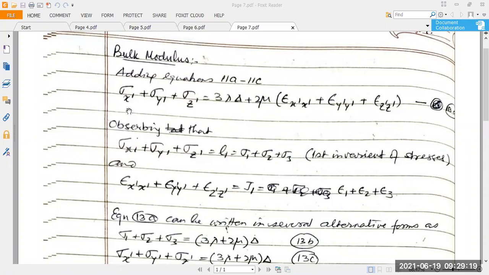What we have is sigma x dash, which is equal to 2 into lambda and so on.